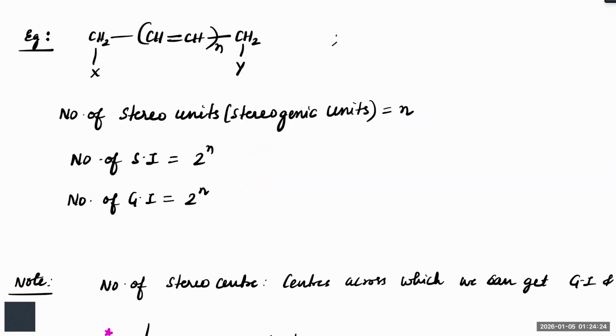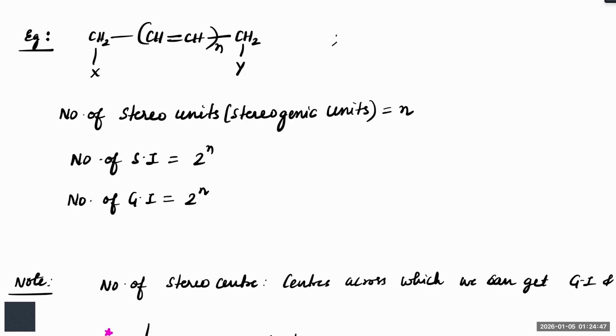Notice one thing, I'm using a terminology: stereo units or stereogenic units. Every unit represents the number of double bonds which can showcase the cis and trans isomers across them. If they are able to show cis and trans or any geometrical isomerism form, we call it the stereogenic units.